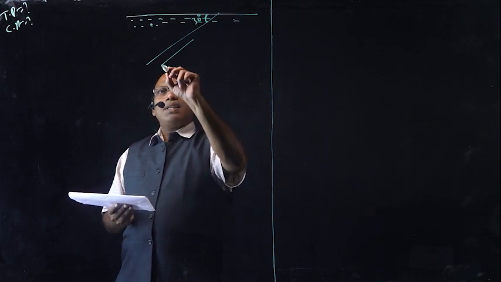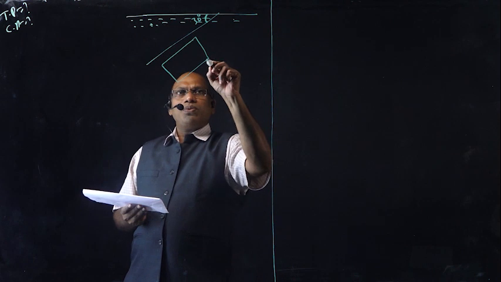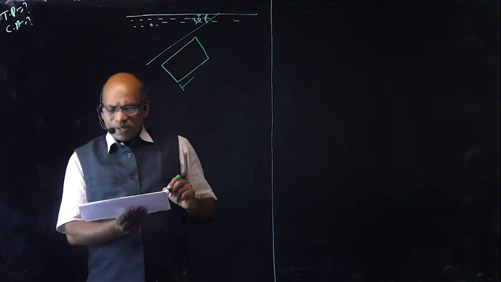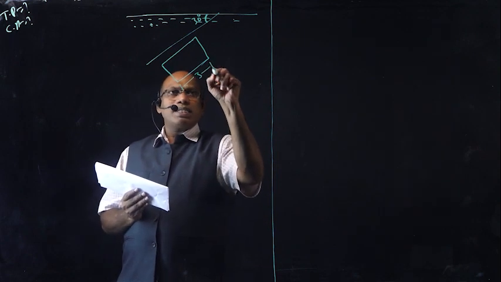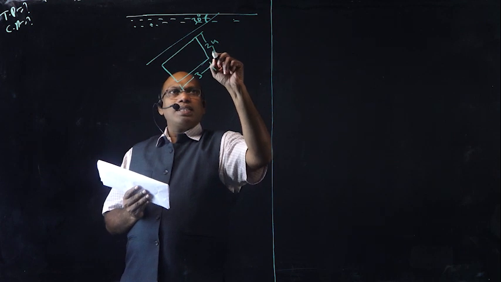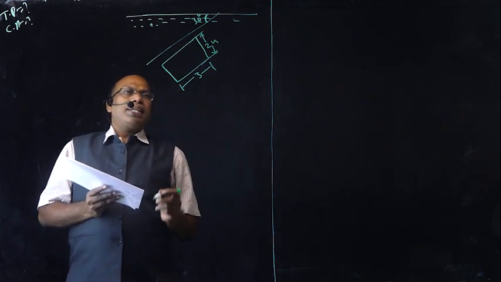This is the rectangular object. The depth is given, that is 3 meters, and the width is given, that is 2 meters, right?